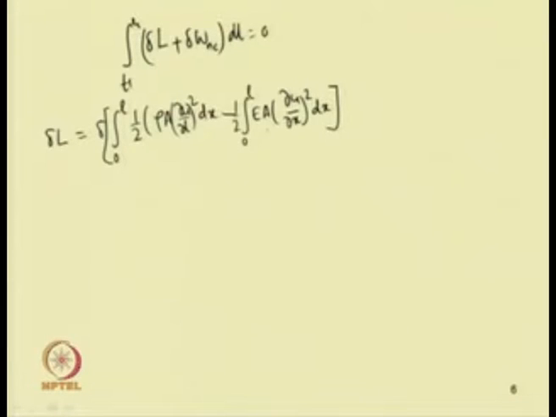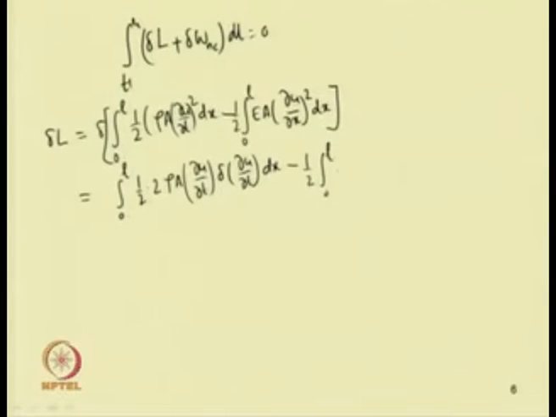Now this delta operator will be acting on this, and this can be written as integration 0 to L half into 2 then rho A ∂u/∂t into δ(∂u/∂t) dx, minus, similarly, half integration 0 to L E A into 2 into ∂u/∂x into δ(∂u/∂x) dx.